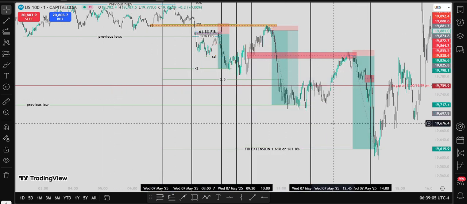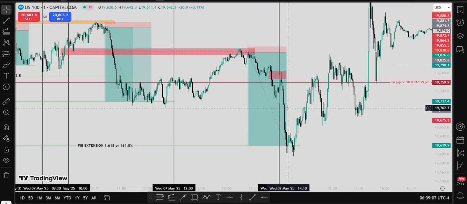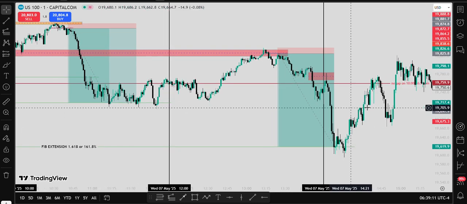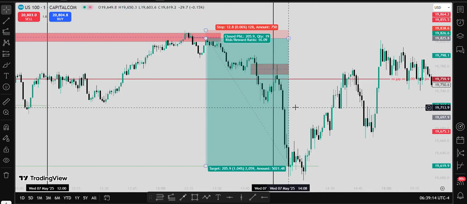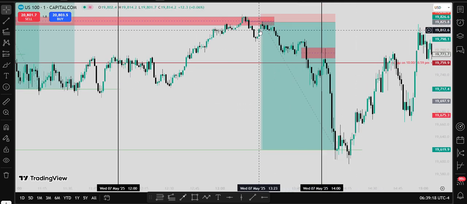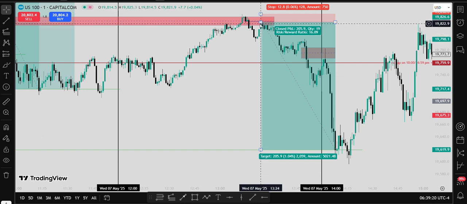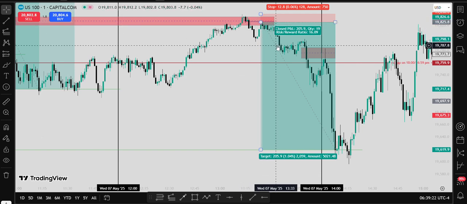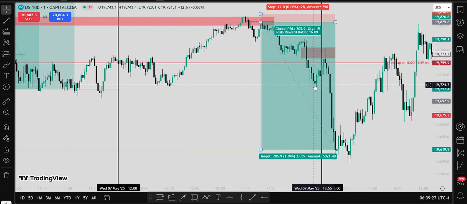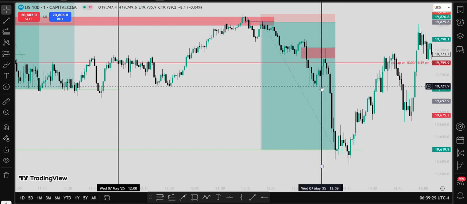Now that you have seen, there's something that I overlooked, and I've already shown it here, which gave us more confluence of why the market was to fall. So suppose you missed this trade right here, and you caught the market when it was retracing, let's say before 2.